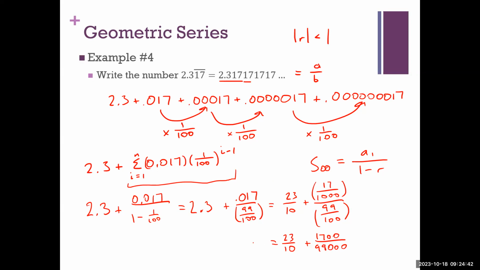We can do that. So then this becomes 2310. And if I divide both the numerator and denominator by 100, I get 17 over 990. So 2277 over 990 plus 17 over 990.